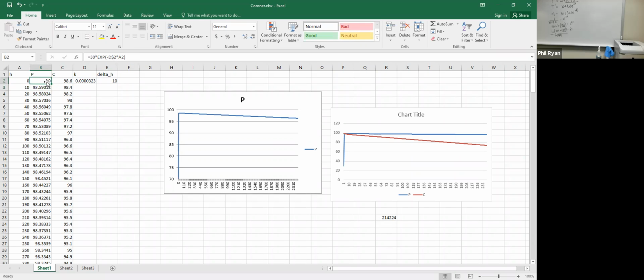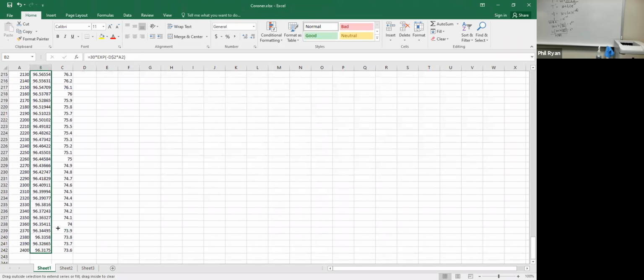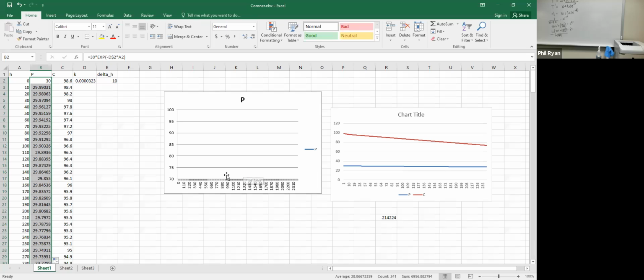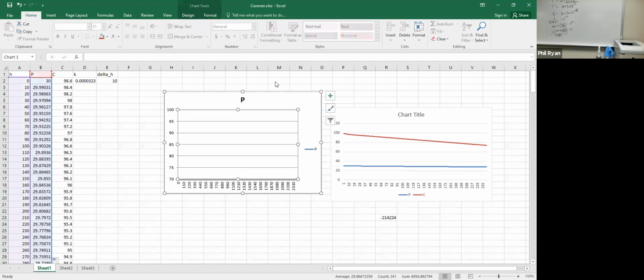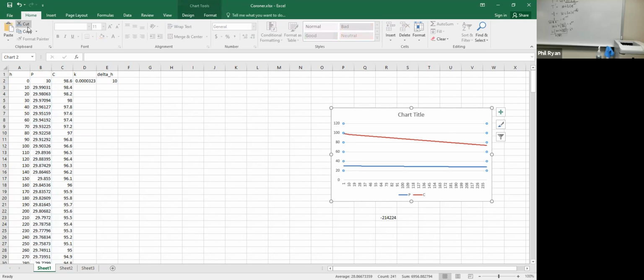And then copy and paste. Well, let's get rid of this thing here because we don't need it anymore. Let's cut that as well.